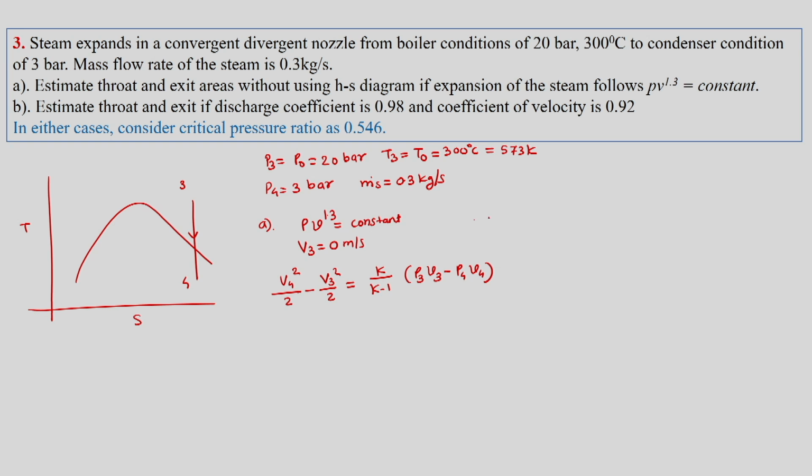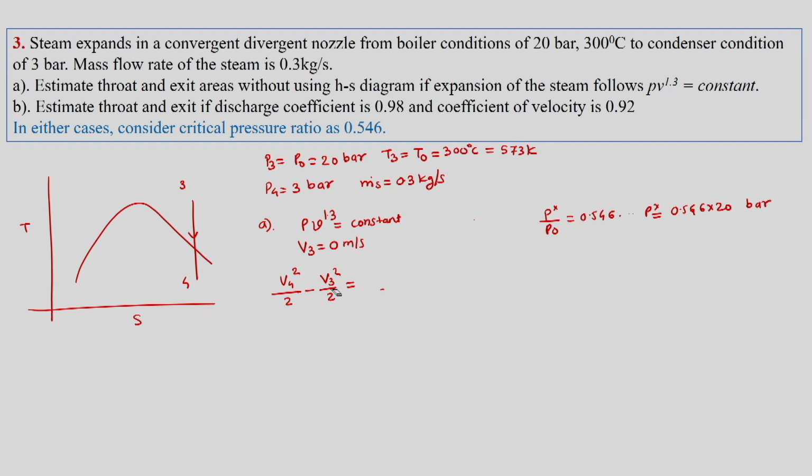We know that P star upon P naught is equal to 0.546. So for us P star is equal to 0.546 into 20 bar. This is the P star value. Now our objective is to find the minimum area.